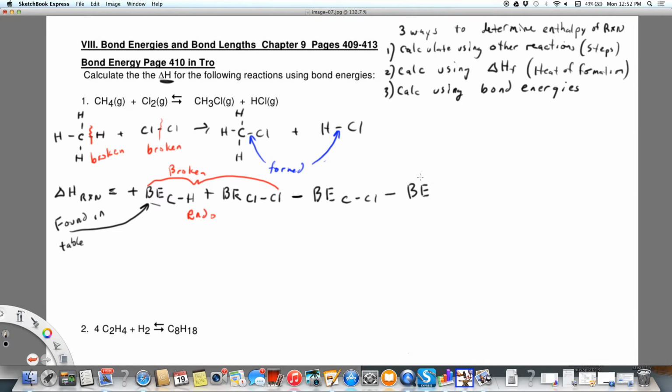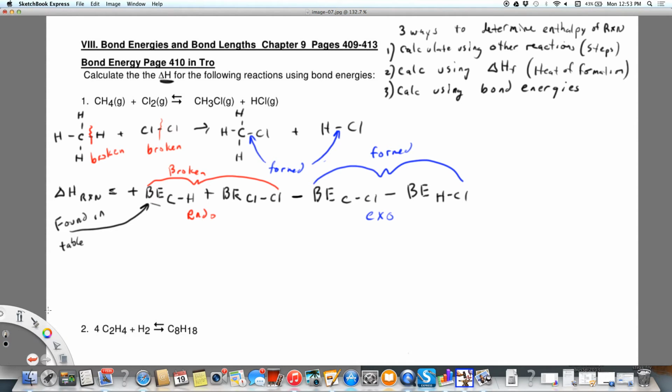Minus, again, the bond energy of H and Cl. Again, this would be looked up in the textbook. So these are formed, and this is exothermic. So when we add these 2 together and subtract these, again, there's only 1 bond of each, so our coefficient is 1.